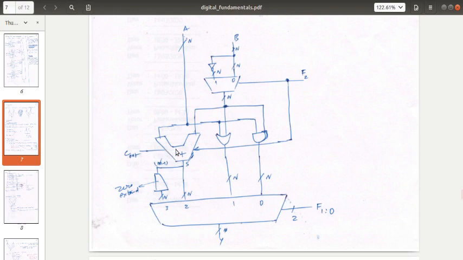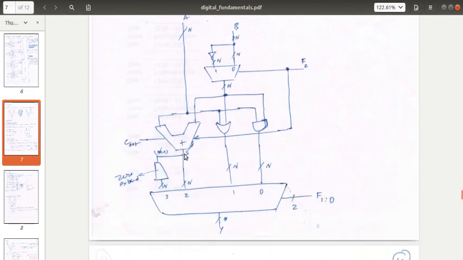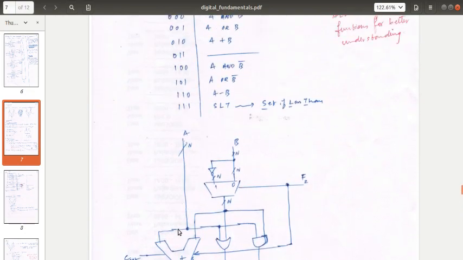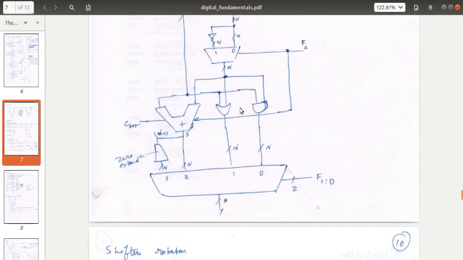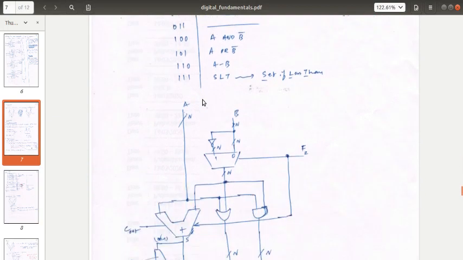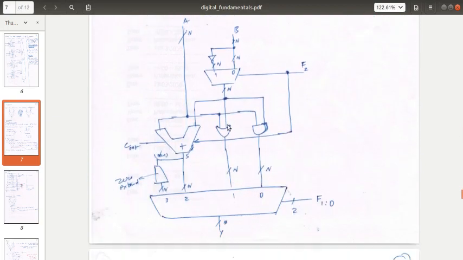Then here, for the addition, what does this one do? This one does A plus B or A minus B, right? What does this one do? This one does A or B and also A or B bar.